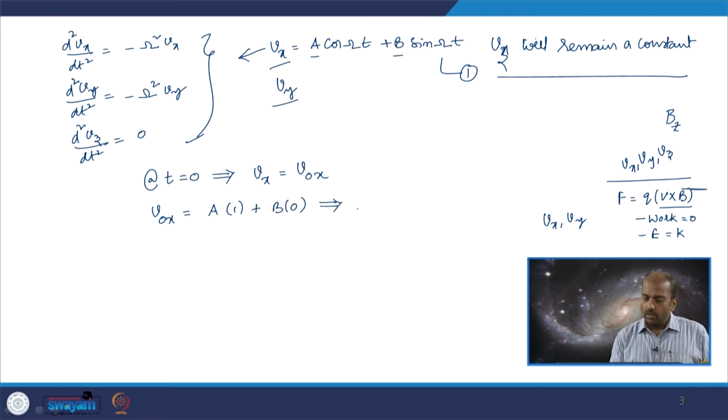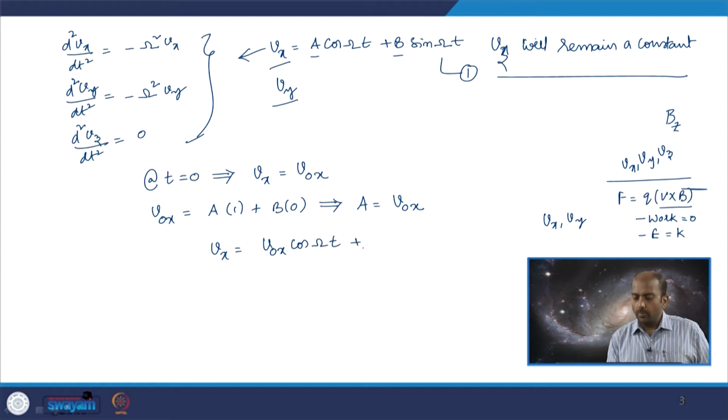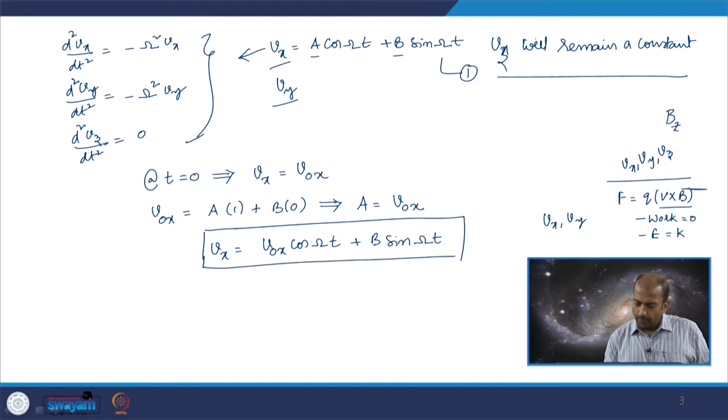That means the value of a is equal to V0x. So, now we can write Vx is equal to V0x cos omega t plus b sin omega t. Now we need to find out the value of the constant b.